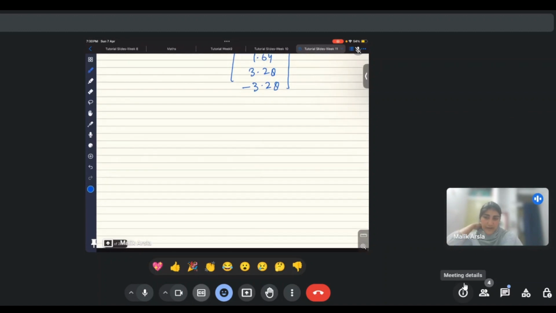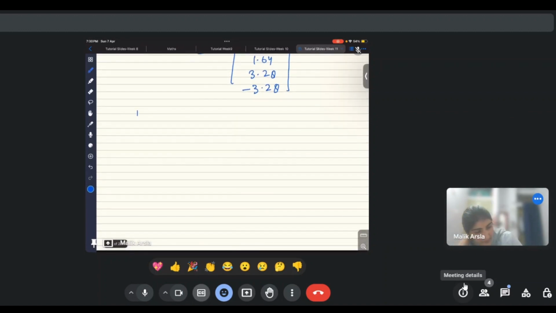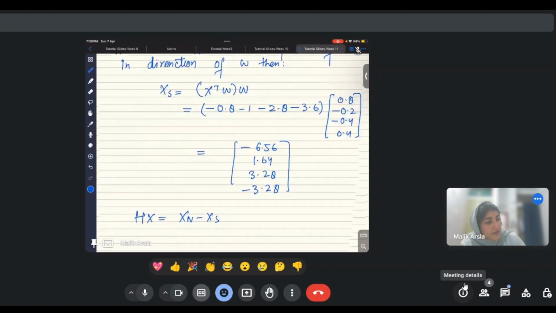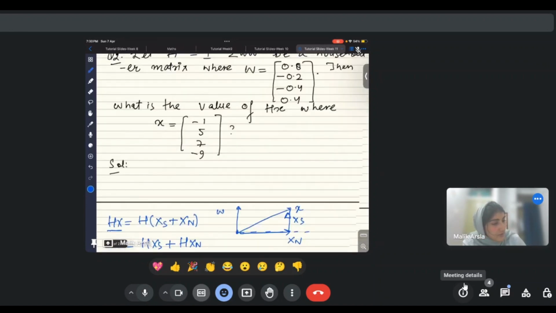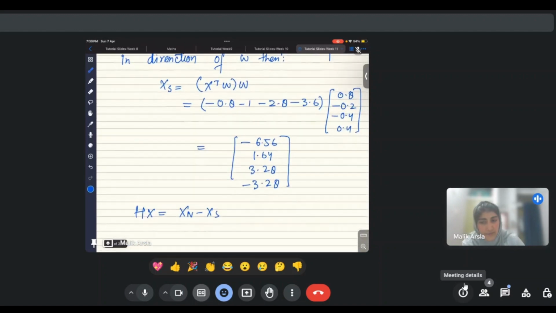Now after finding this, Hx is equal to xn minus xs.